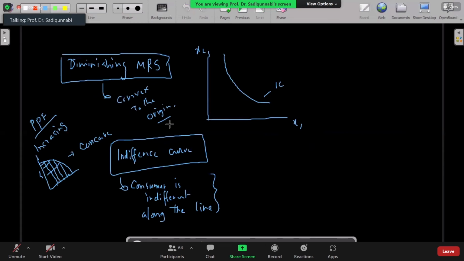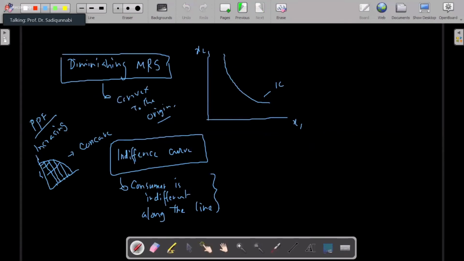Why is the consumer indifferent being at this point or this point or this point? Indifferent means it doesn't matter where the consumer is.